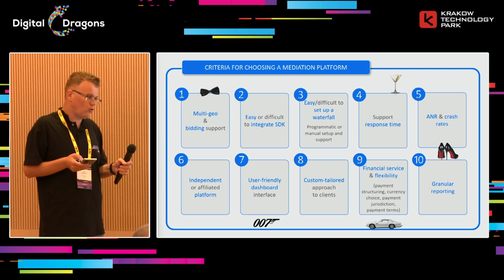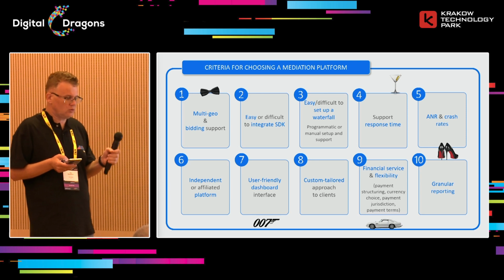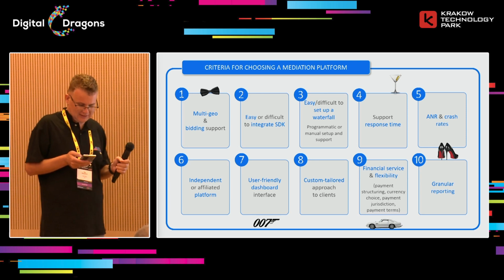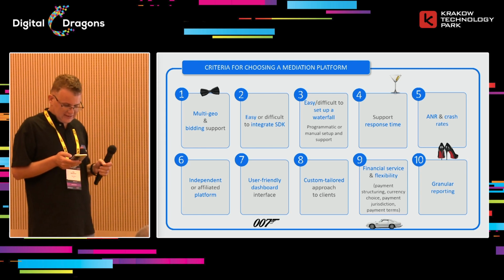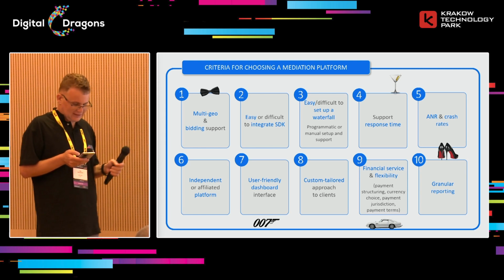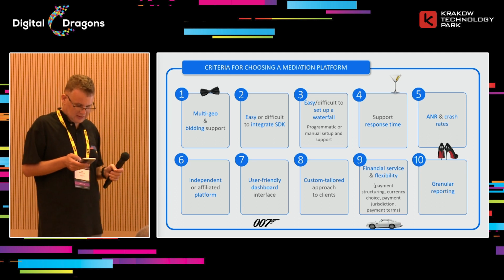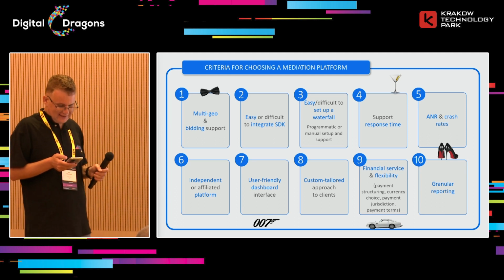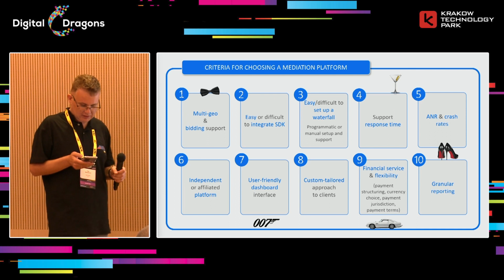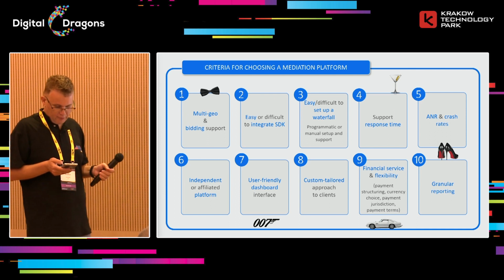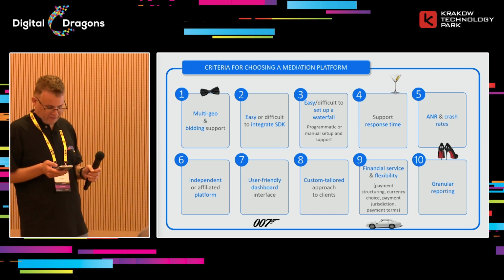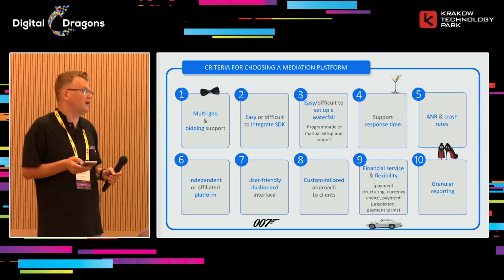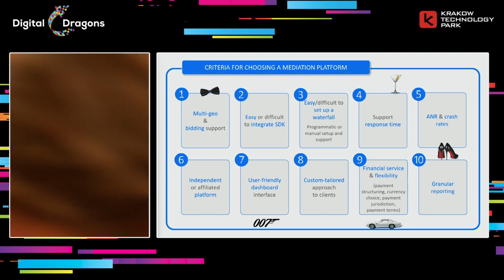If you have bad vitals, you will have bad organic in Google and Apple. Is it an independent or affiliated platform is the sixth point. How about a user-friendly dashboard and interface level? Also important is a custom-tailored approach to clients, financial and service flexibility, and granular reporting possibility.